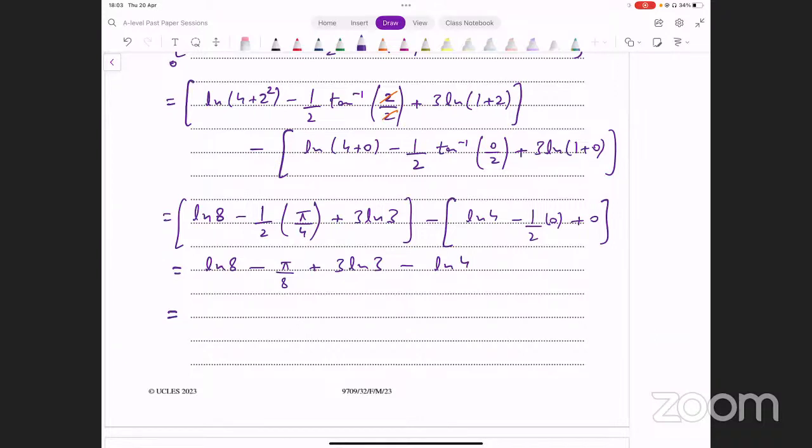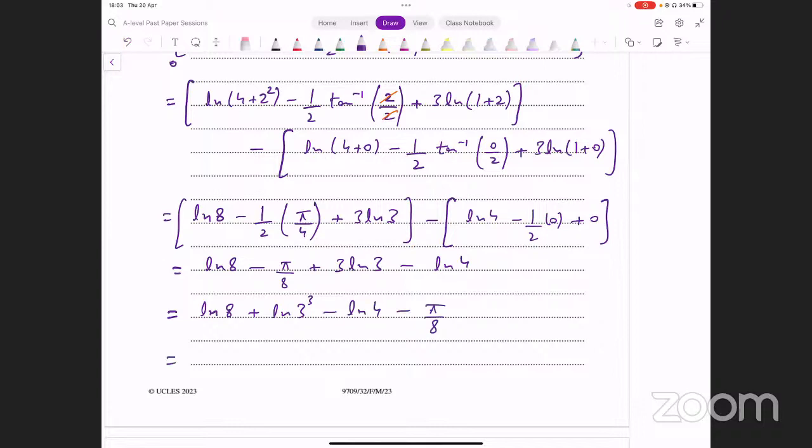आपको ln के बाहर सब टर्म्स में कोएफिशिएंट 1 चाहिए होता है. तो आप पहले इनको इकट्ठा लिख लें इस तरह से. ln 8, इस टर्म को हम क्या कर सकते हैं? इसको हम लिख सकते हैं ln of 3 raised to power 3. 3 को पावर में ले जाएं. And then you have minus ln 4 and the remaining term is minus pi over 8.